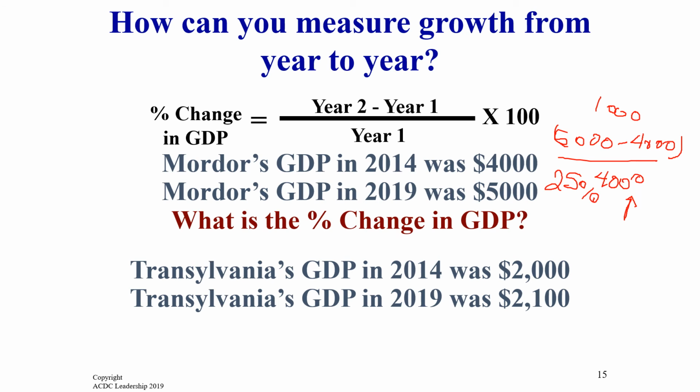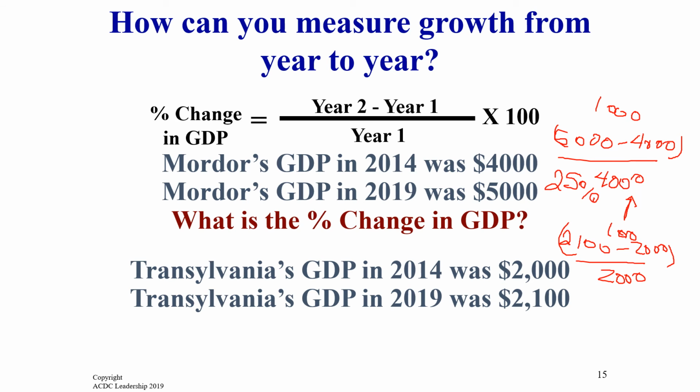Okay, so let's try this one. Transylvania, GDP was 2,000, and in 2019 it was 2,100. So you take 2,100 minus 2,000 over 2,000. So that's 100 over 2,000.